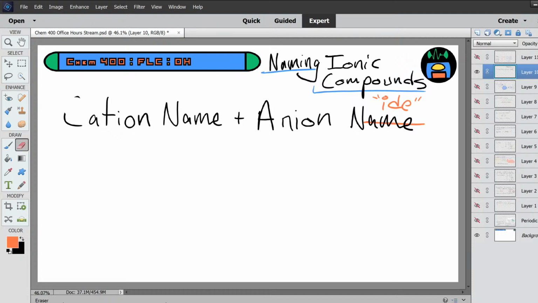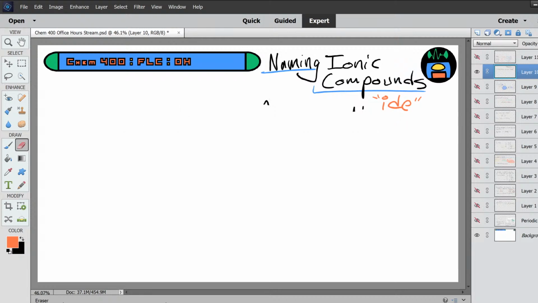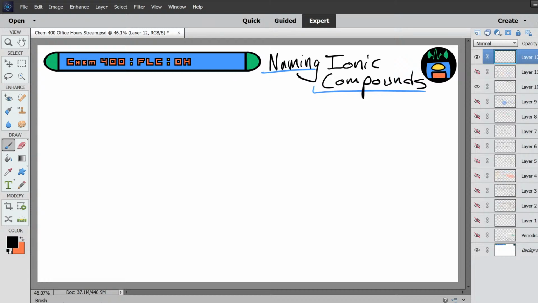All right, now, a couple things that are worth pointing out. One wrinkle has to do with the transition metals, for example.